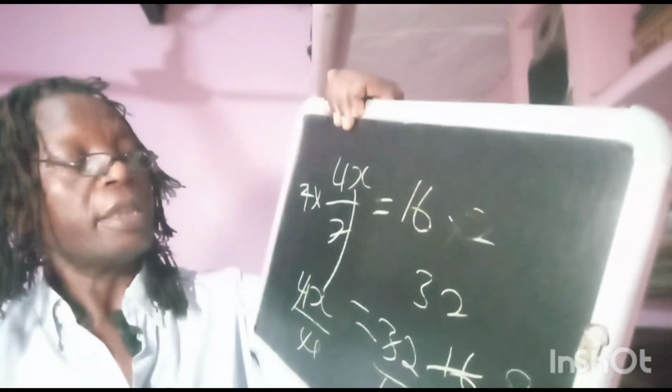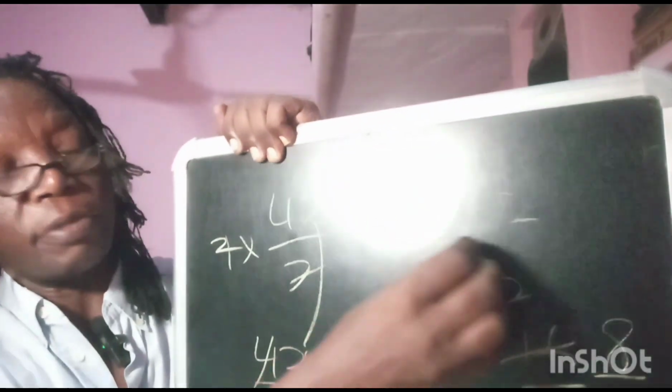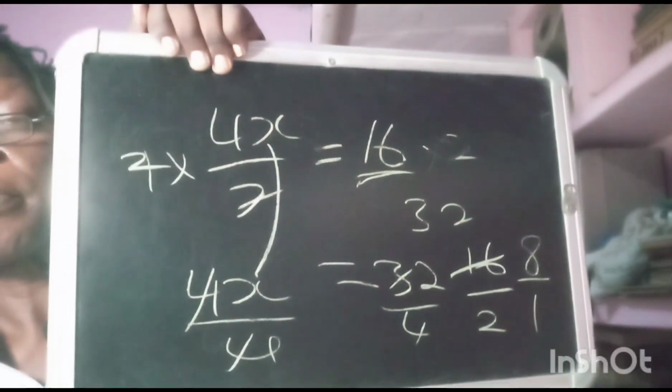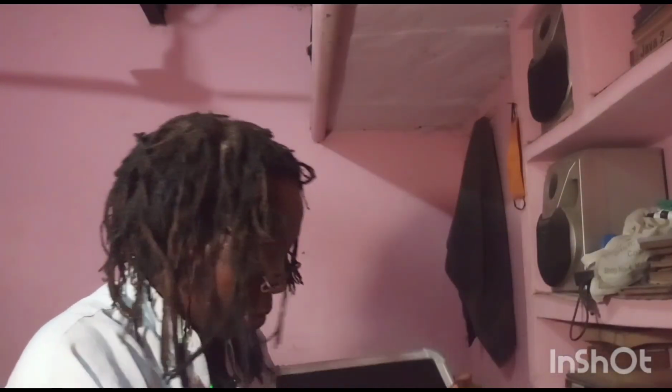So if x is 8 and you multiply this, it will be 32, and you divide 32 by 2, it will be 16. So you have proved that this is actually 8 because it gives you this value 16. Algebra is very simple actually. It's nothing complicated. Let's do another one.